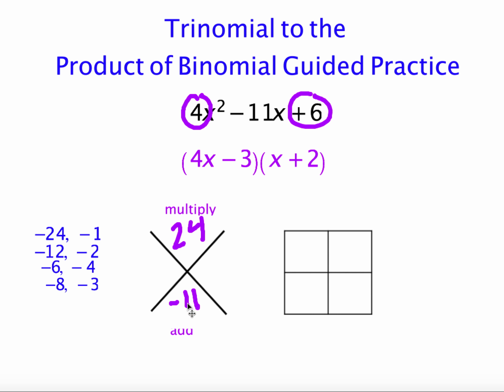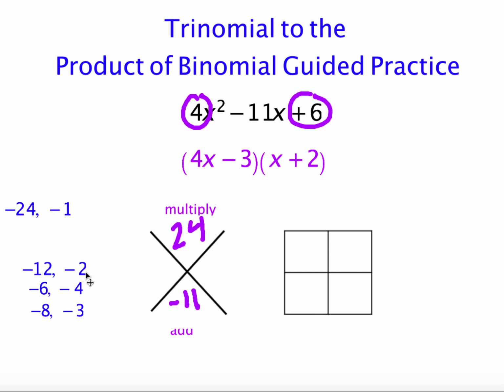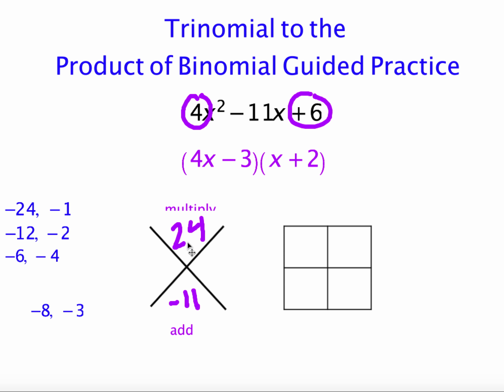So when we know that they add to a negative but multiply to a positive, they both have to be negative. 24 and negative 1 don't work. Those add to negative 25. Negative 12 and negative 2 don't work. That adds to negative 14. Negative 6, negative 4 doesn't work. Adds to negative 10. Oh, but look at this.